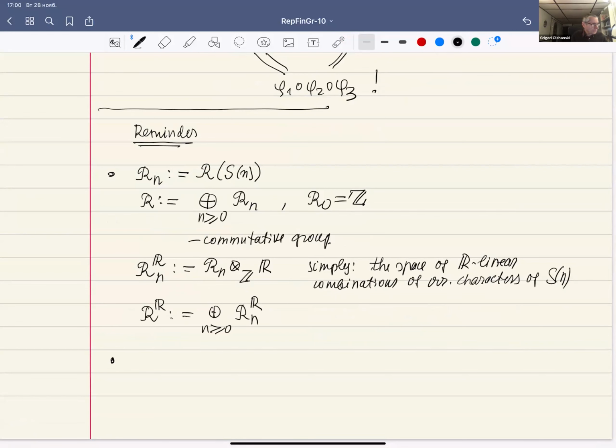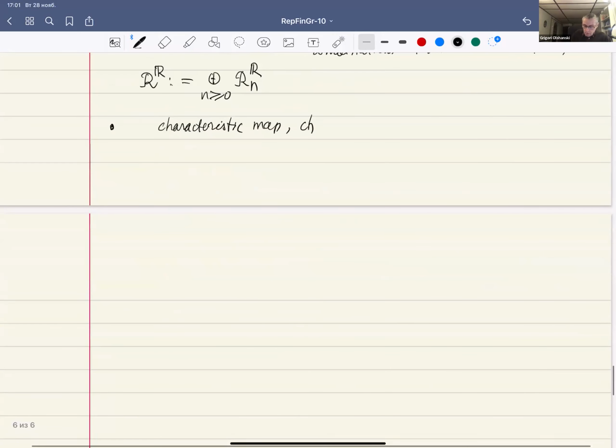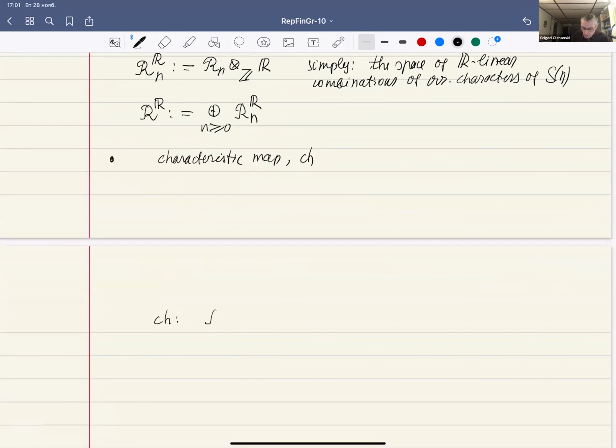And next, I defined a characteristic map, defined by this symbol, from this vector space to the algebra of symmetric functions, also over real numbers, actually the nth homogeneous component.